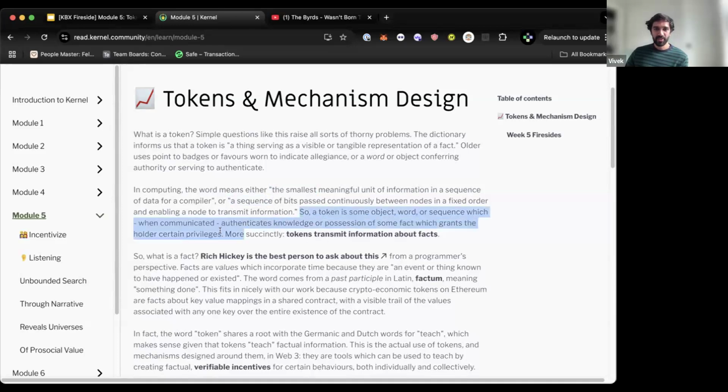And then a little bit further, a token is some object, word, or sequence which authenticates knowledge or possession of some fact, which grants the holder certain privileges. So most succinctly, again, tokens transmit information about facts.